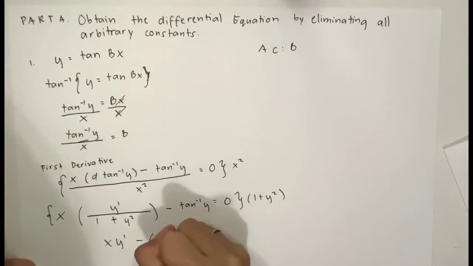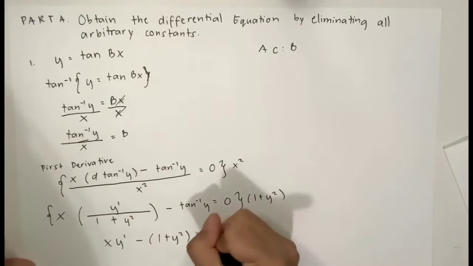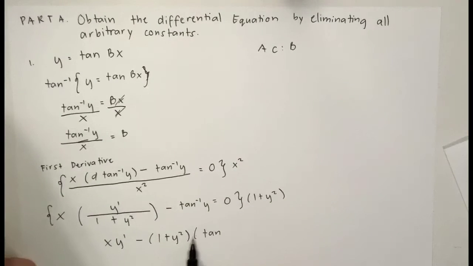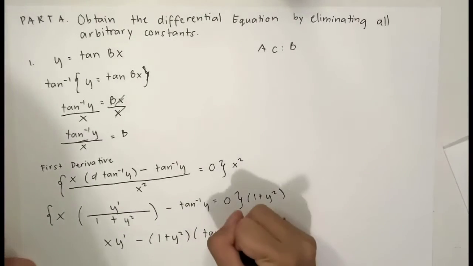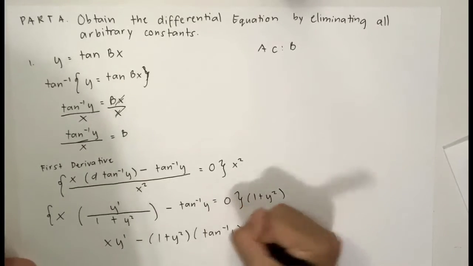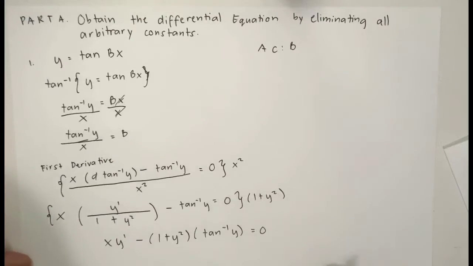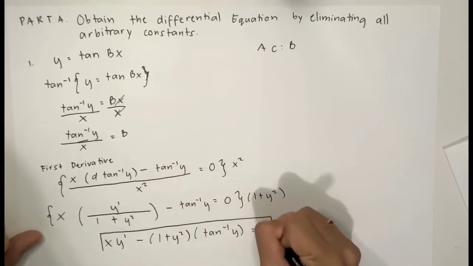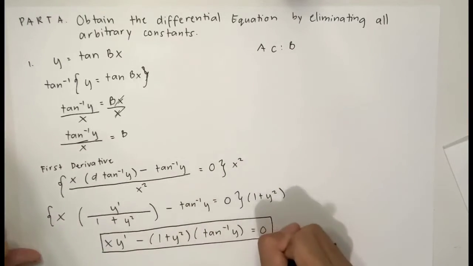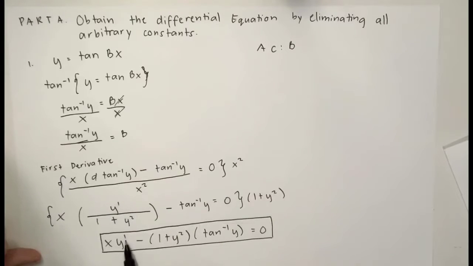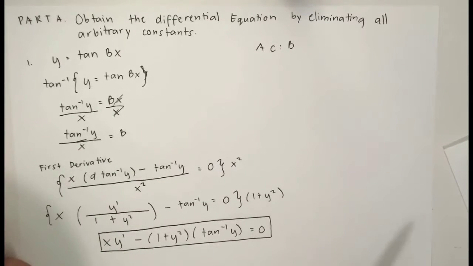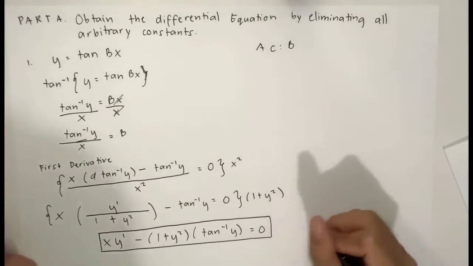So, we will have (1 plus y squared)(arctan y) is equal to 0. So, here is our answer for our first problem. x y prime minus (1 plus y squared)(arctan y) is equal to 0.